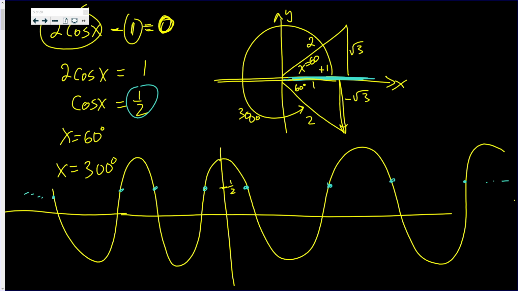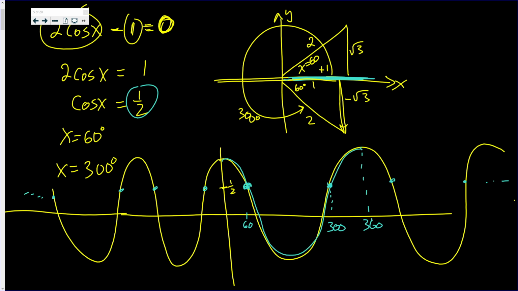There's many answers. This answer here, that came from 60 degrees. This answer here, that came from 300. For the record, here's 360. This here is 1 period.